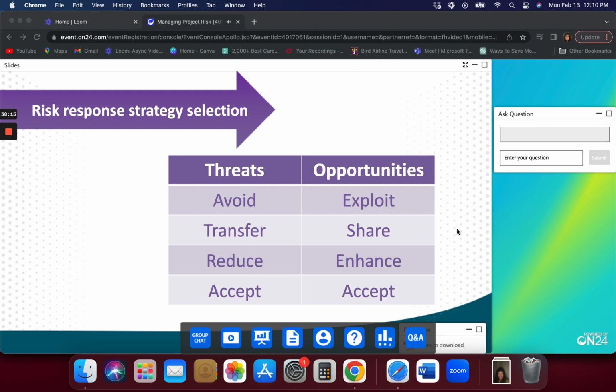The equivalent of transferring would be to share, bring in a business partner or a joint venture partner or something like that. The opportunity equivalent for reduce would be to enhance, to increase probability, increase impact, and accept obviously remains accept, because that means do nothing. So that remains the same.